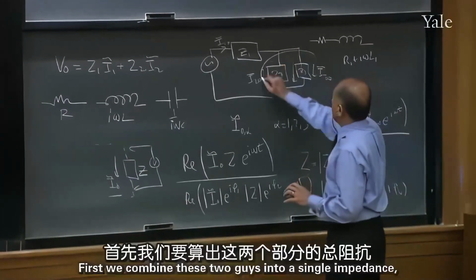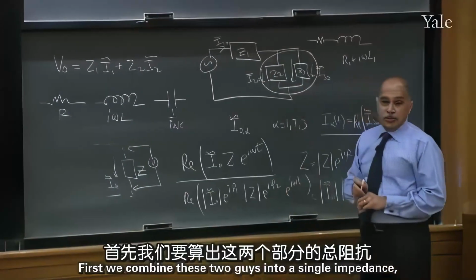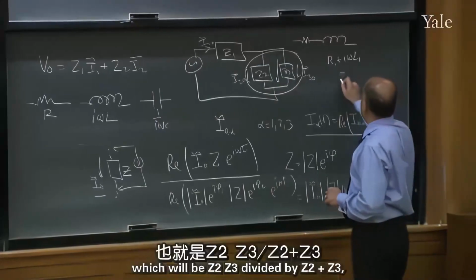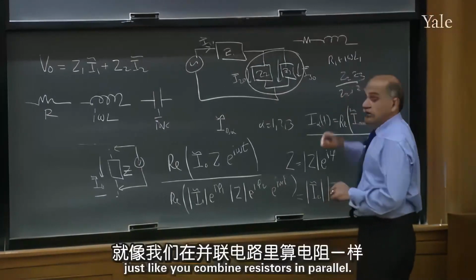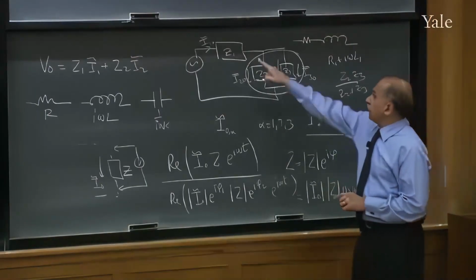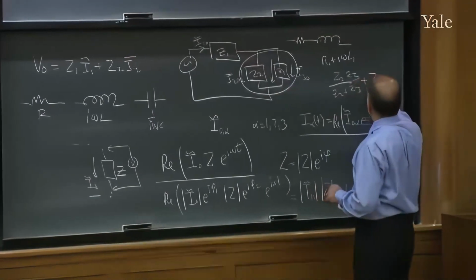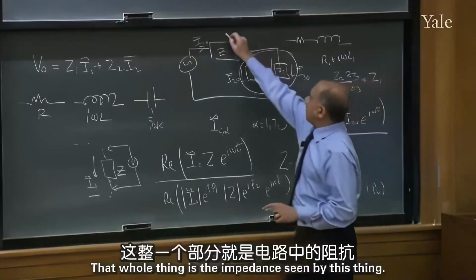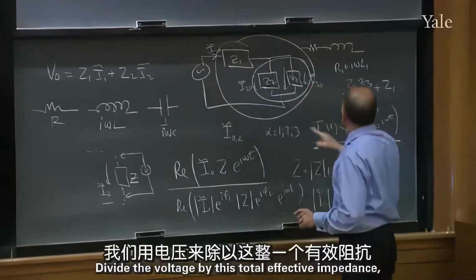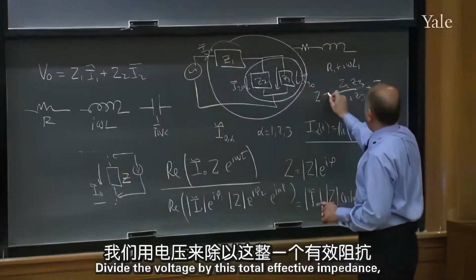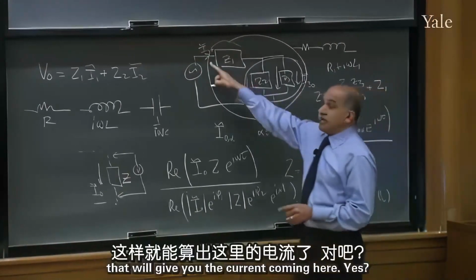First, we combine these two into a single impedance, which will be Z2 Z3 divided by Z2 plus Z3, just like you combine resistors in parallel. To that, I will add Z1. That whole thing is the impedance seen by this source. Divide the voltage by this total effective impedance, and that will give you the current coming here.